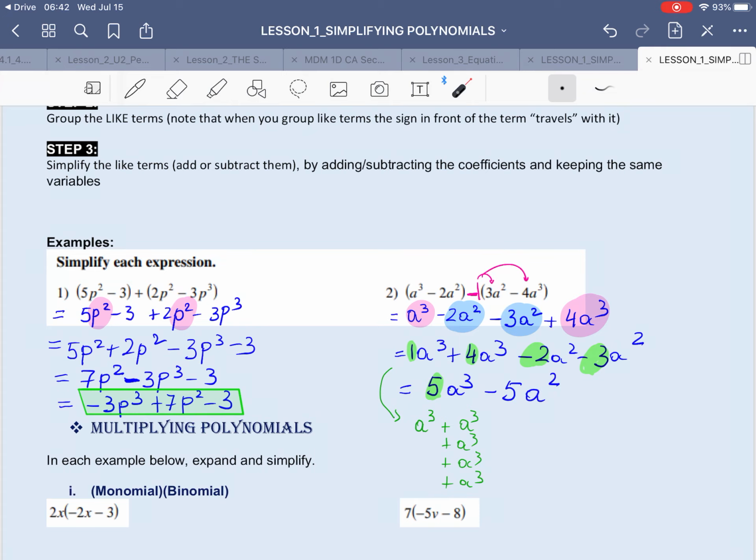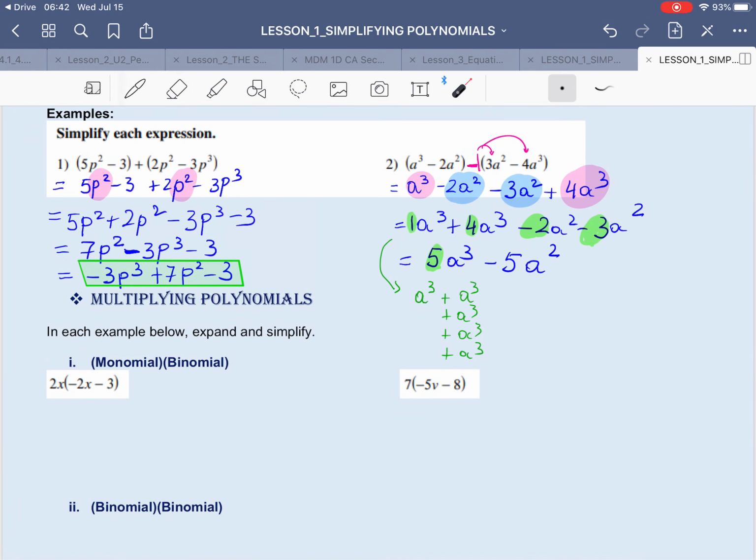Okay? Now, the next question is about multiplying polynomials. So we're going to take a look at the multiplication of a monomial with a binomial. Remember, we call this the expansion method, and we are expanding by multiplying the monomial 2x by every term inside the binomial.